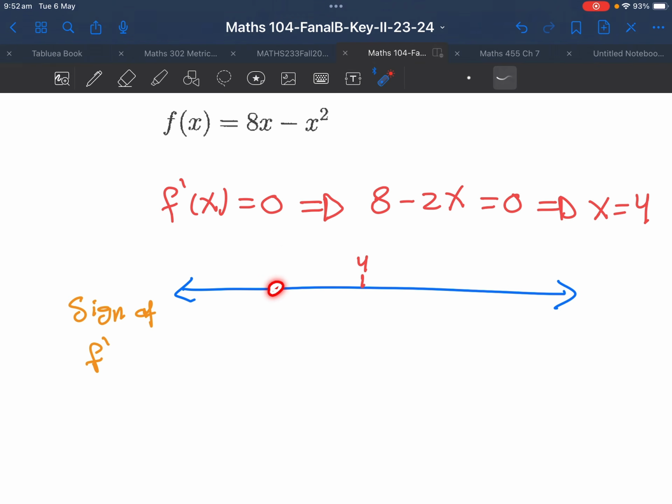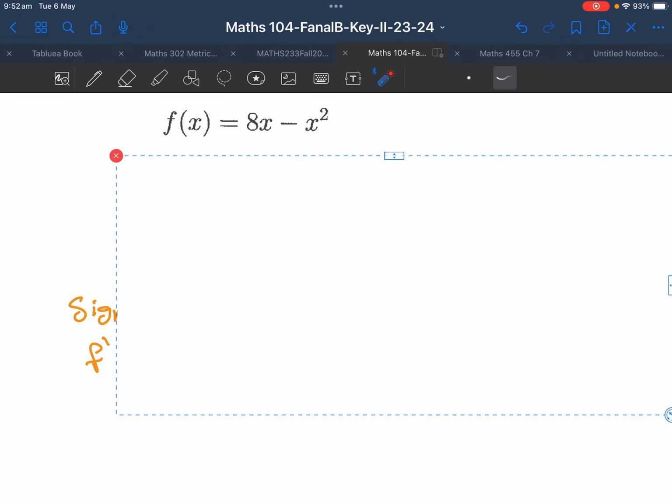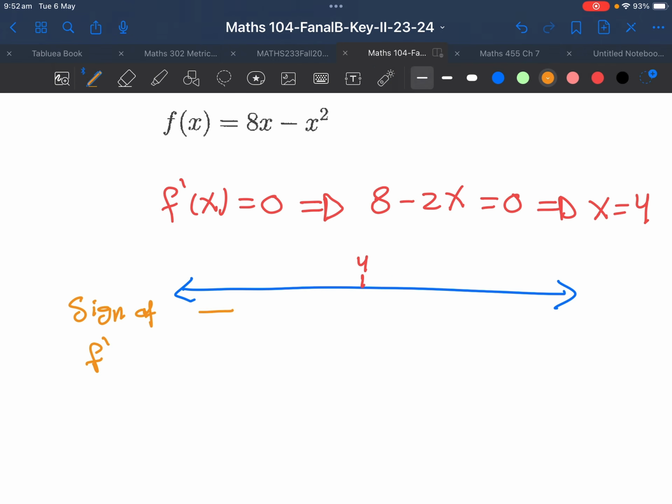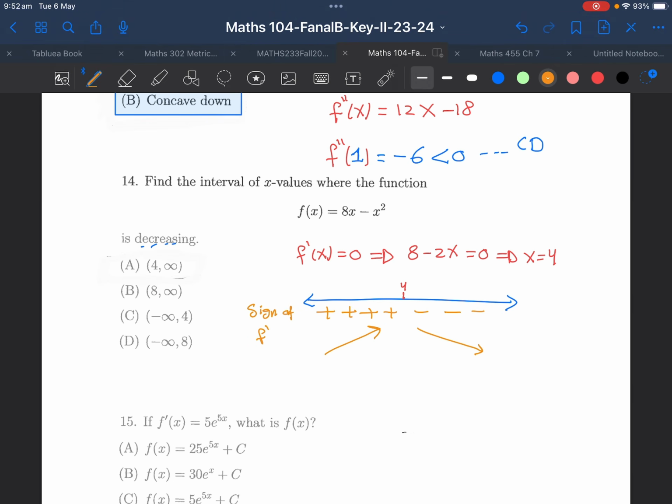How do you find the sign of f prime? Take a number less than 4, which is 0, and substitute it here. If we do that, this will be positive. Take a number more than 4, which is 5, substitute it here, you get negative. So this is going upward, this is going downward. Which means decreasing, so I will go from 4 to infinity, which is this one.